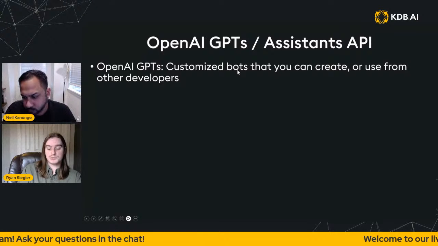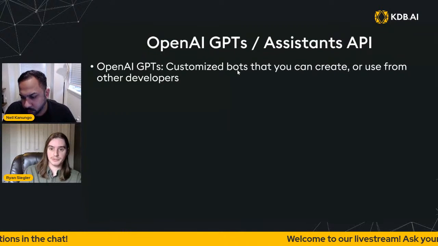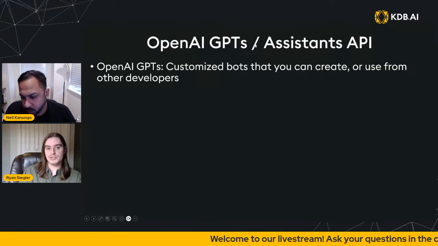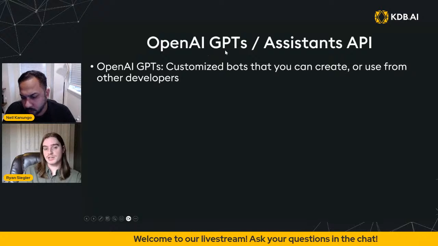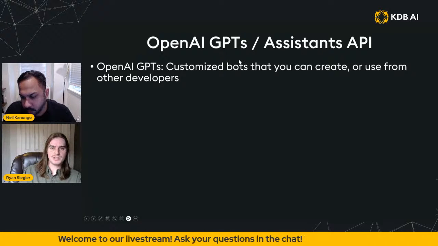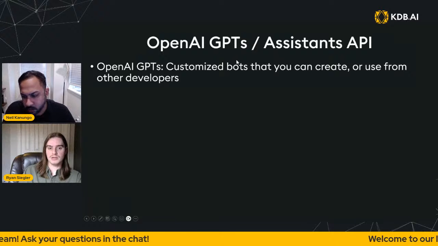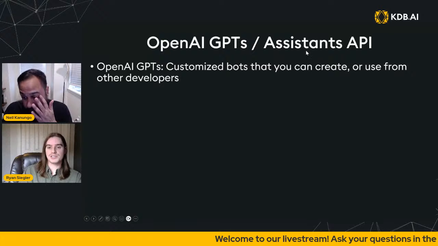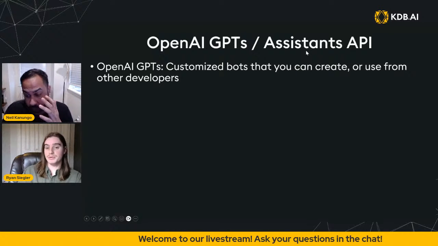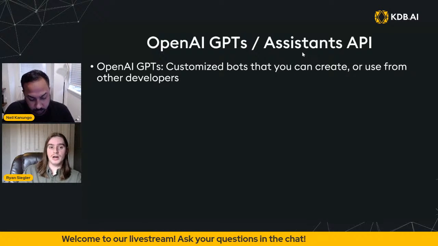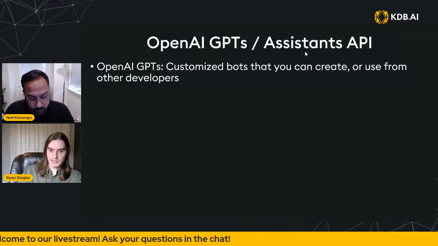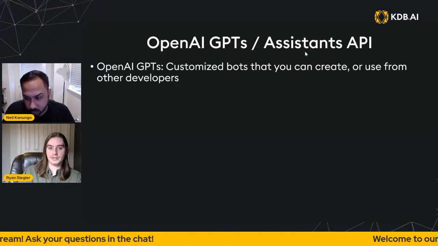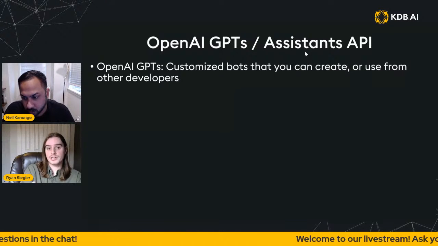So I want to create a specific bot that does a specific thing, and the two different types are, like I said, GPTs and assistants. GPTs is the front end way to build one, a little bit more friendly, easier user interface. Assistants is more the back end API, maybe more designed for developers. But in essence, they're very similar, and they create a similar type of product in that they are hyper customized bots for certain use cases.